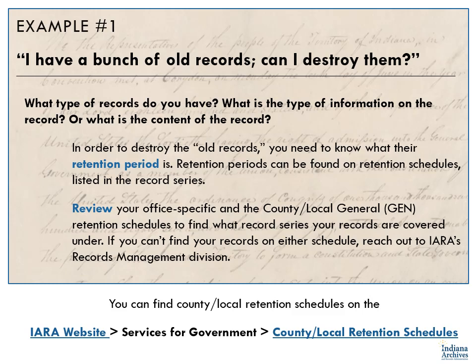So once you understand what your record is, you will review your office-specific retention schedule, if you have one, and the county local general retention schedule. Reviewing these schedules will help you find what record series your records are covered under. And if you can't find your records on either of these schedules, please reach out to IARA's Records Management Division for help.